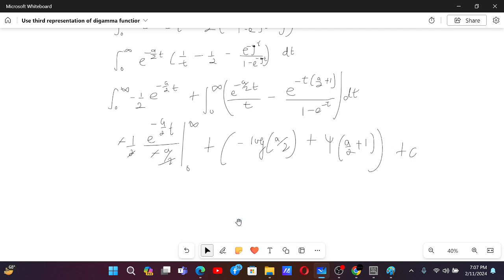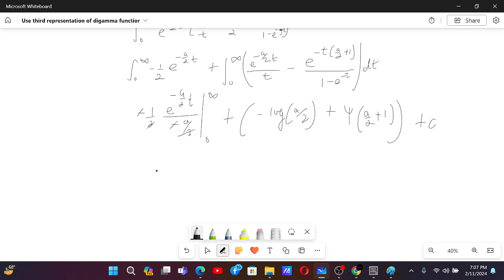Now from here we have this is 0 minus 1 by a, and now from here we have minus log a by 2, and then from here we have digamma of, okay, now we need another property. Digamma of x plus 1 is just 1 by x plus digamma of x.